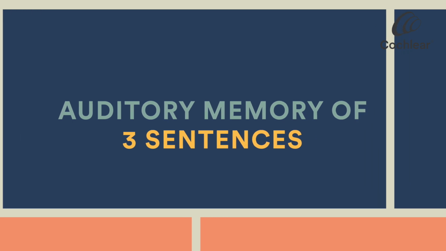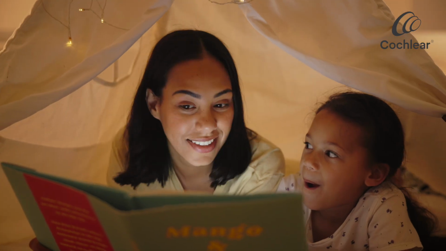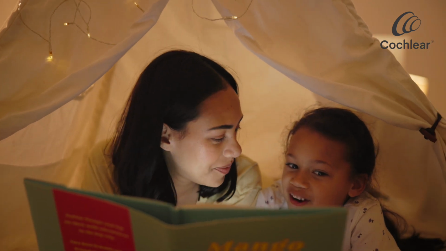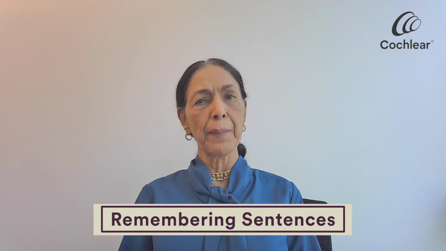The child should be able to have auditory memory of 3 sentences, not from the experience in sequential, now a little abstract, so it should be from a story. So when you tell the story to the child, ask the child to retell the story to you and see how many sentences are remembered.